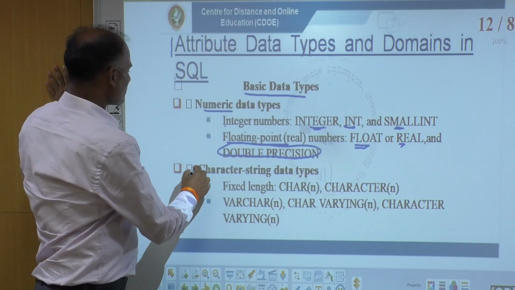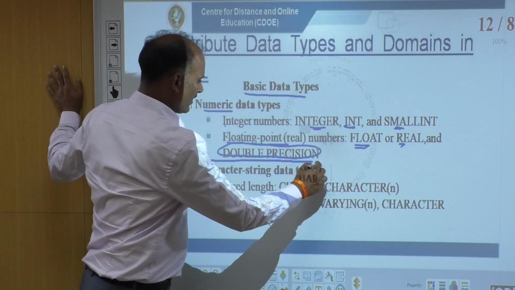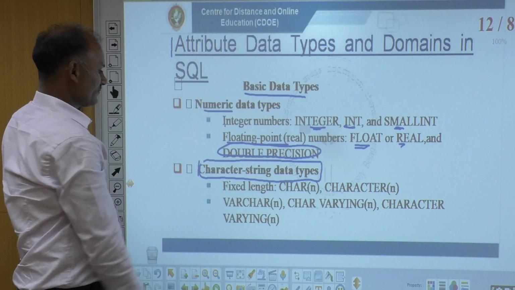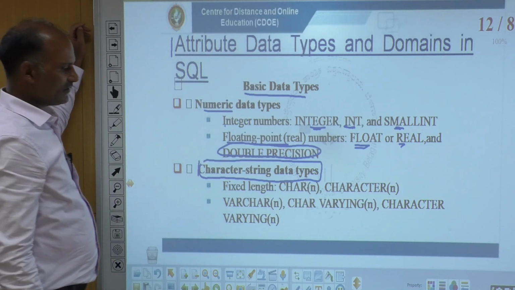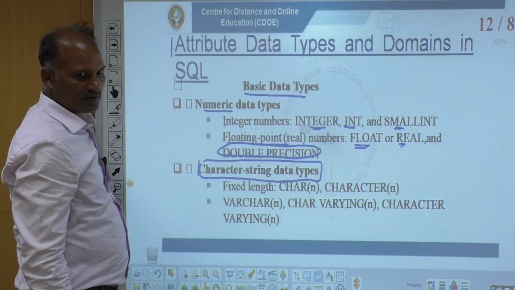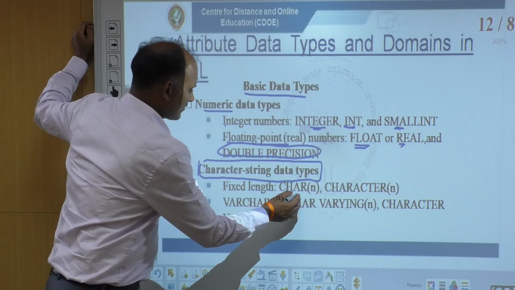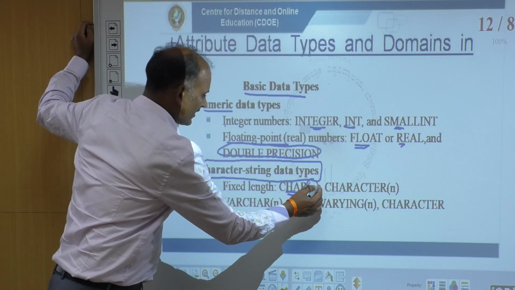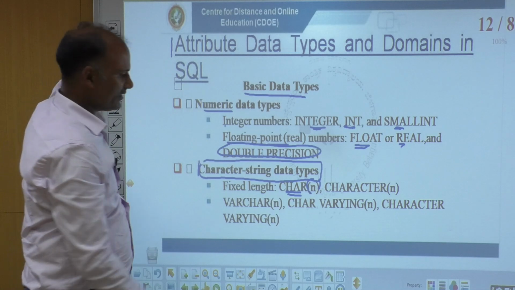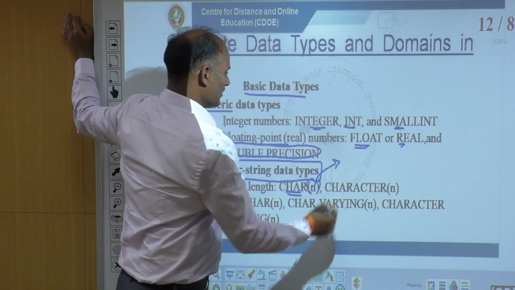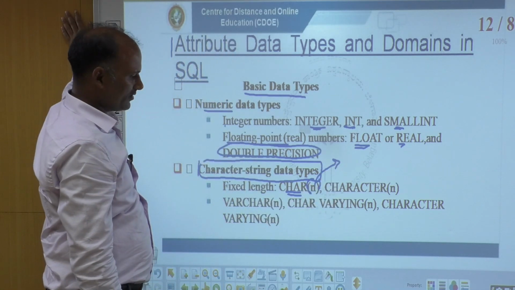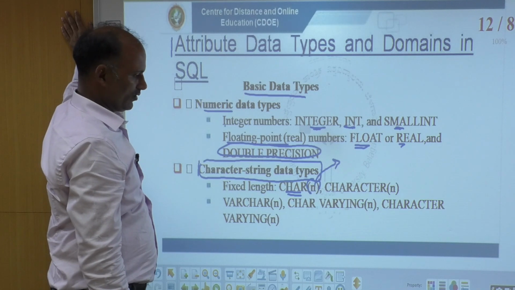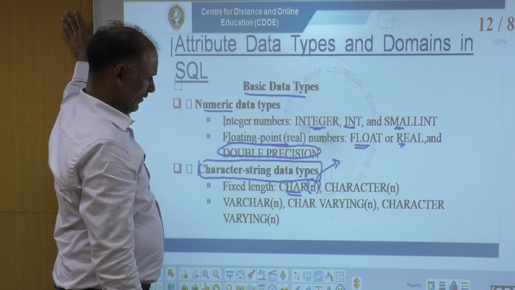values. If you want to store characters, then we are going to use a data type called char of size n, where n specifies the number of characters that you want to store as part of the value.